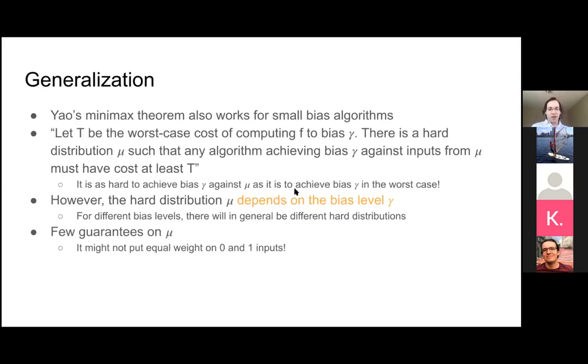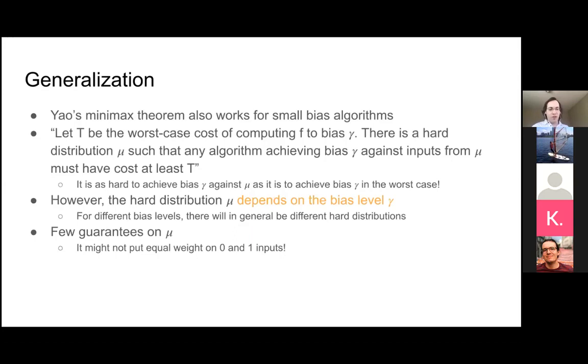In particular, this hard distribution might not put even weights on the 0 inputs and the 1 inputs. It might put 60% weight on the 0 inputs, 40% weight on the 1 inputs. That could potentially still be hard to compute to error 1/3.